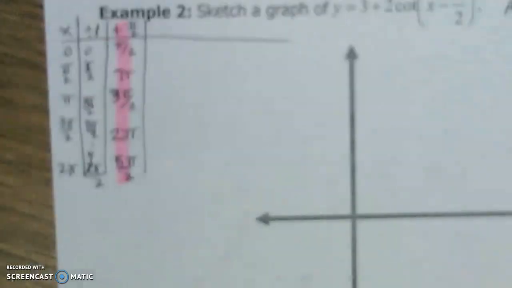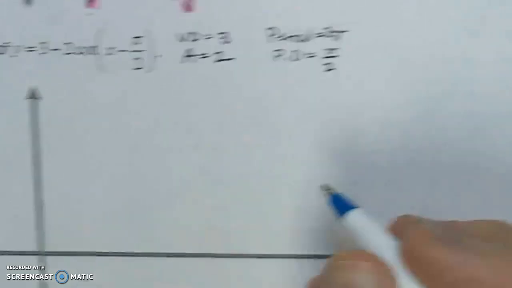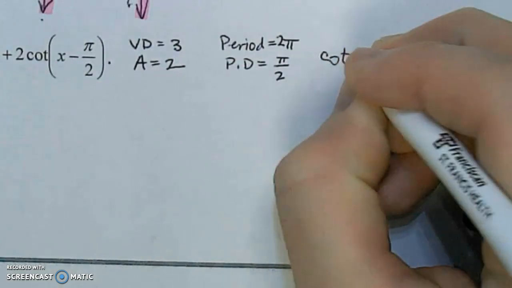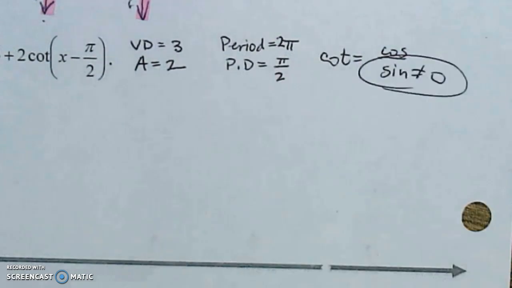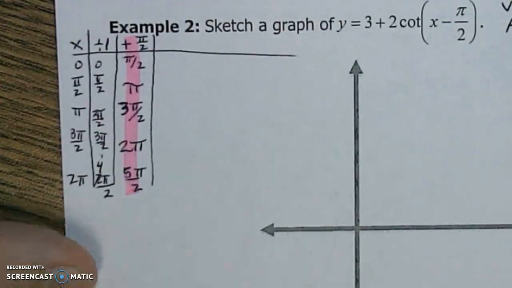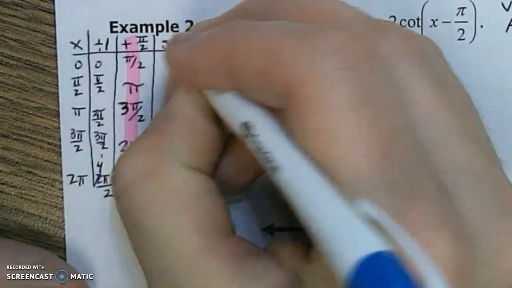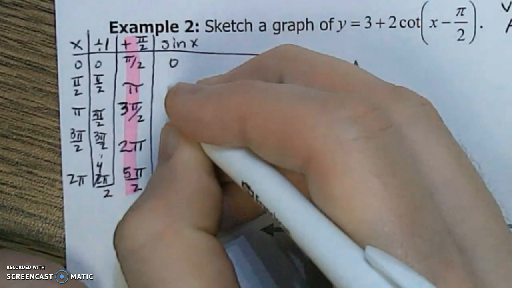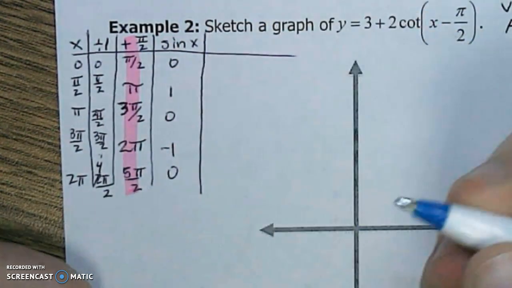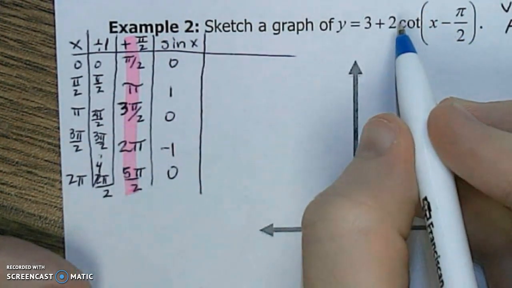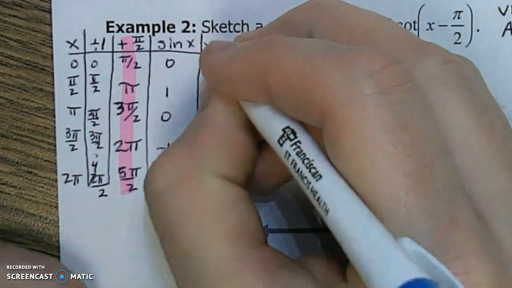Then I've got cotangent. So cotangent is cosine over sine. We can't let sine equal 0 since it's in the denominator. So we're going to graph a sine wave. So we're going to put sine, which starts at 0, then 1, 0, negative 1, then 0. And there is a 2 in front, so we're going to multiply those by 2.